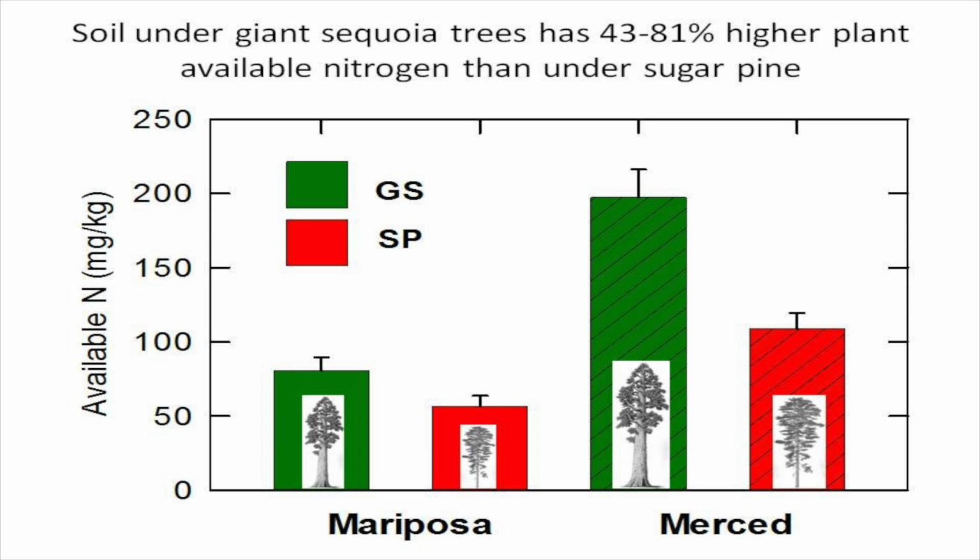Soil fertility is improved dramatically under giant sequoia compared to adjacent sugar pine trees. And to demonstrate this with one piece of data, available nitrogen, which tends to be the most limiting nutrient to plants, is 40 to 80% higher under giant sequoia trees than under sugar pine trees.